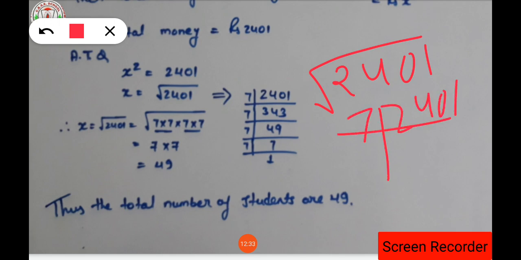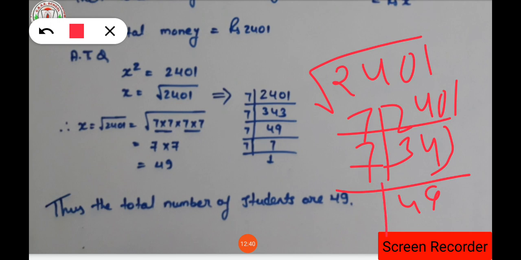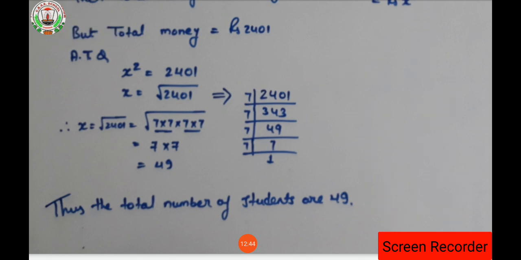2401 goes in the table of 7 how many times? 343. Then again it goes in the table of 7, 49. Again in the table of 7, 7. In this way we find the factors of the number. All the numbers have pairs, that is 7 into 7 into 7 into 7. Among the pairs of 7, one of the 7s will come outside, and then the second pair of 7 again, one 7 comes out.